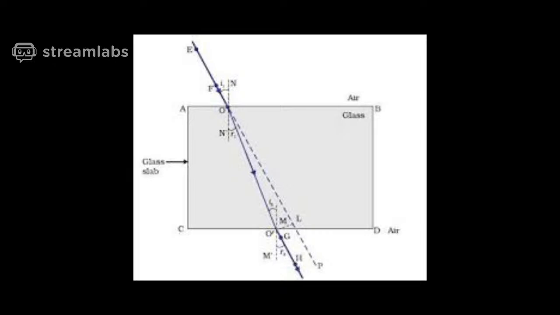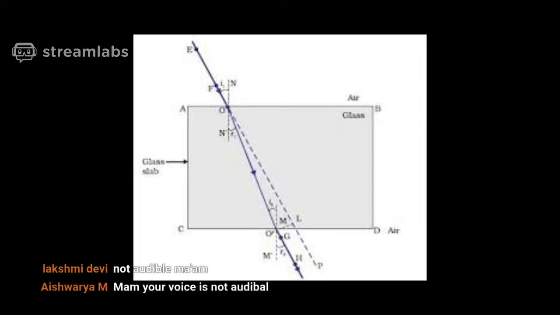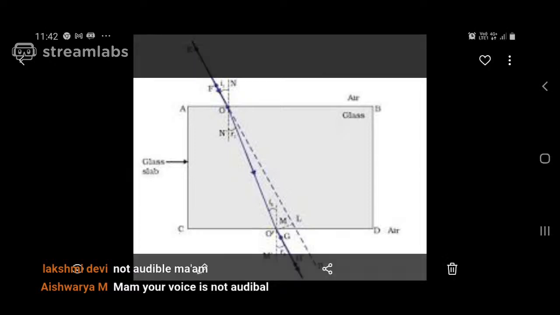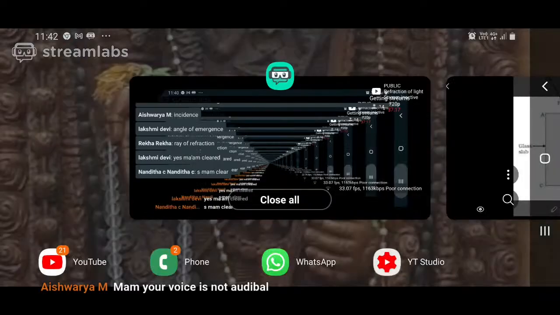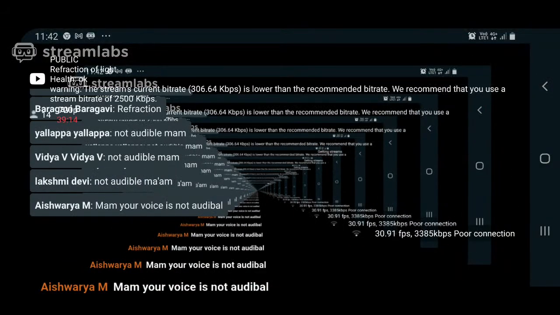And again, sine I2 by sine R2 is equal to constant. This is the law of refraction, and that is known as Snell's law.